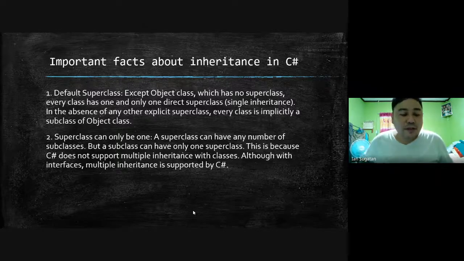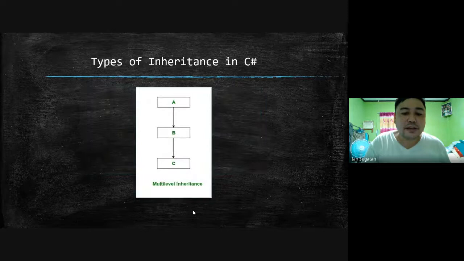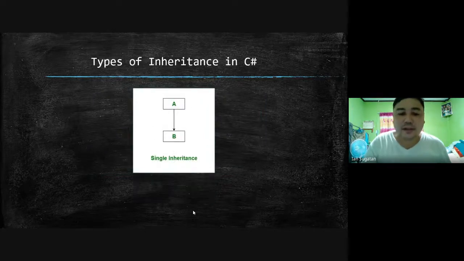So the second one is superclass can only be one. Tandaan niyo, the superclass can only be one and can have any number of subclasses. So example natin is this one. Ang sa letter A, tanaya pinakauna, kag tanaya pinaka superclass naton gid.